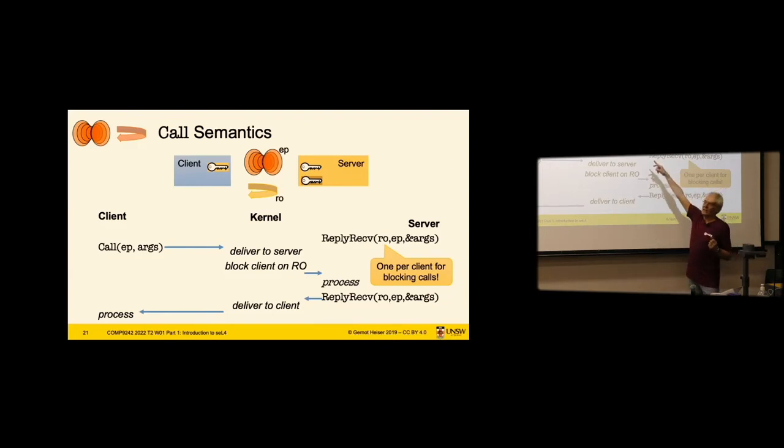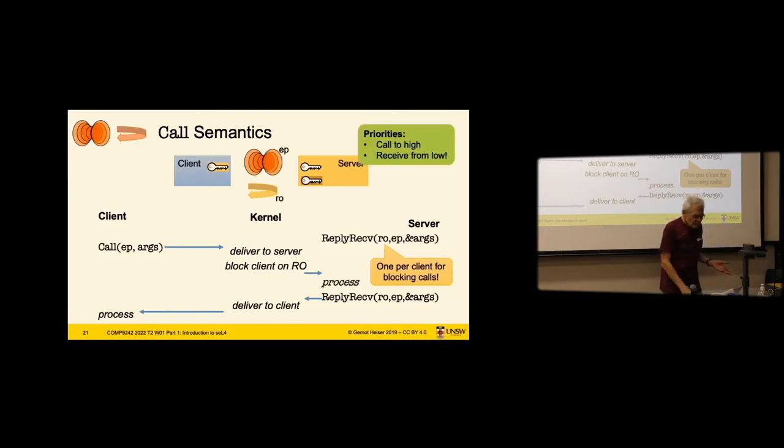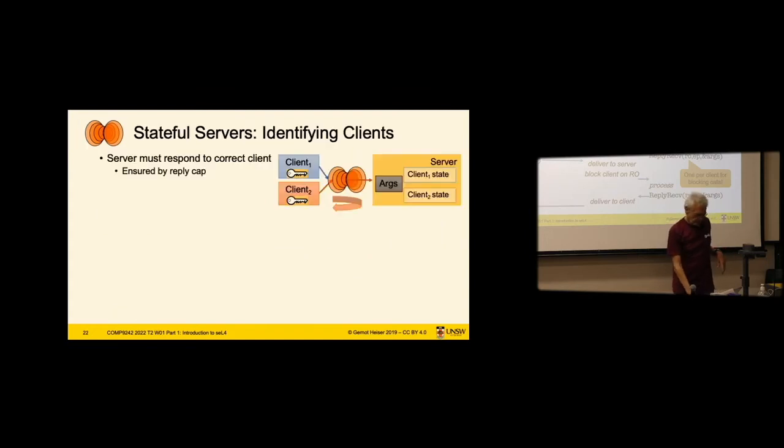So it can only be associated with a single client, and therefore if you have multiple client operations interleaved on the server side, it needs multiple reply objects. But that typically only happens when you have a stateful server. And this is just repeating: always call high and receive from low. So server higher priority than the client.